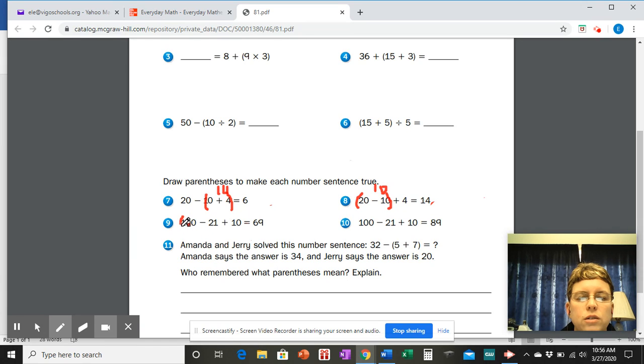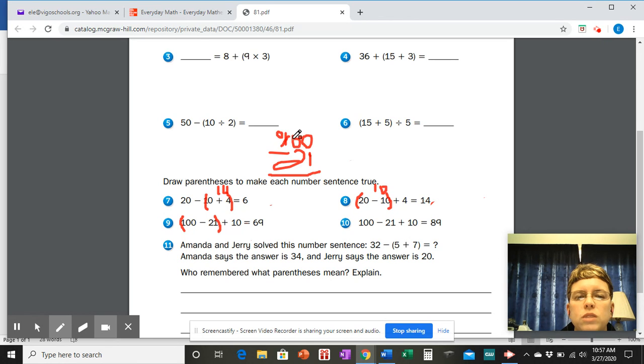So 100 minus 21, and I'm going to do the work up here. Okay, we have the zeros on top, so we can't use those first. We have to do some trading first.